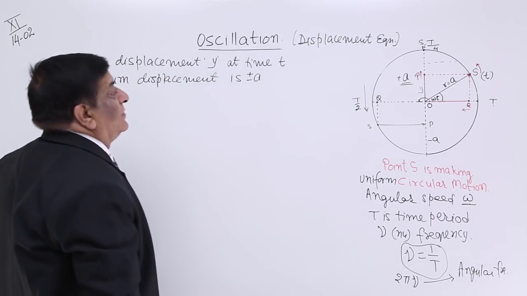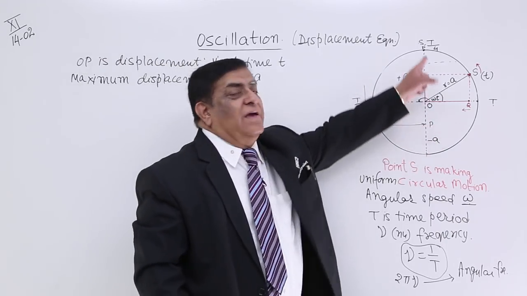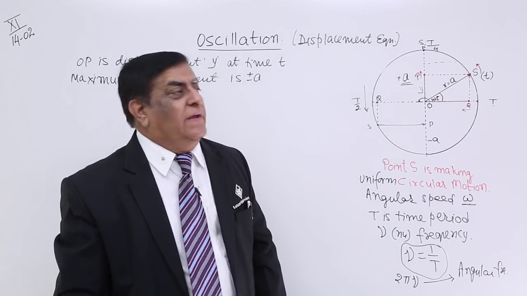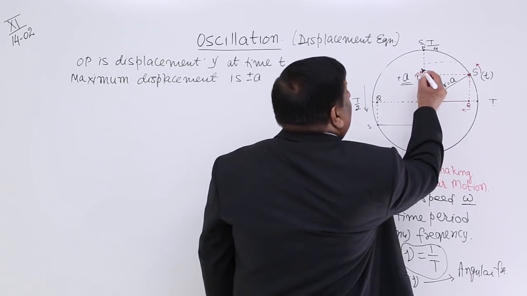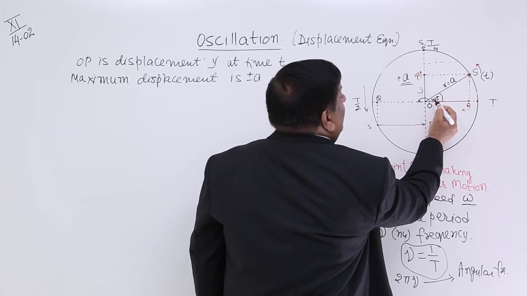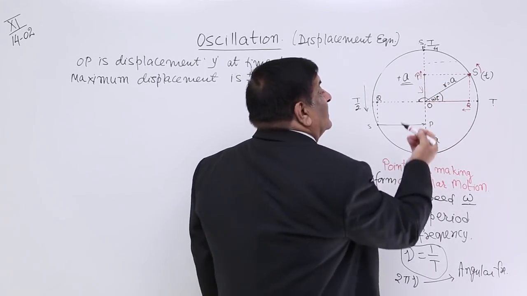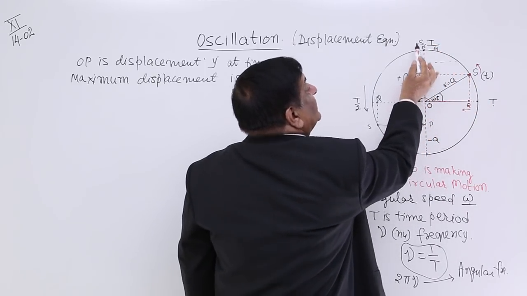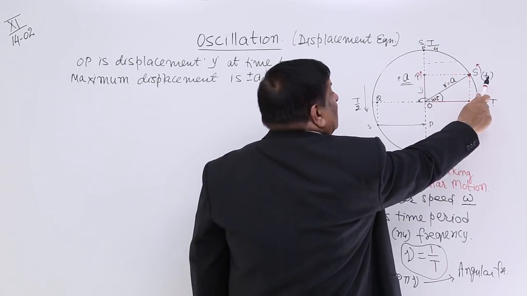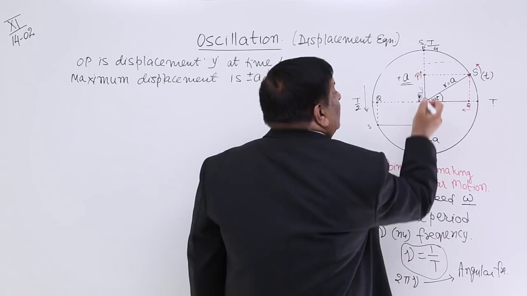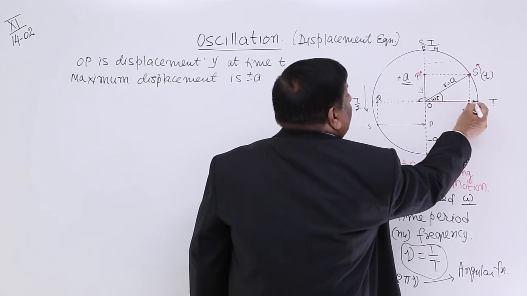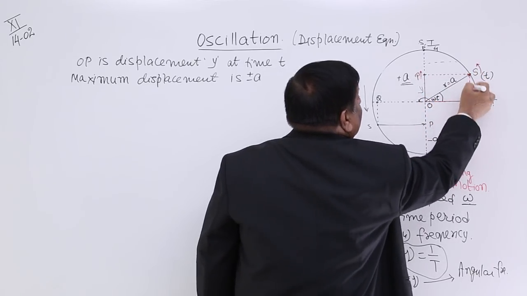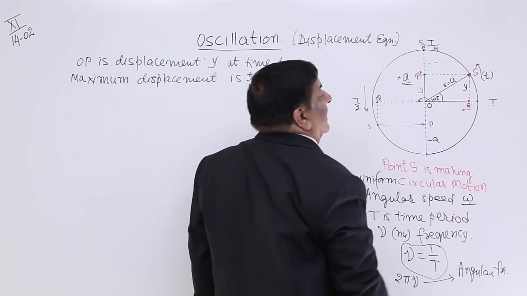So this P is making oscillatory motion. Now we want to make the equation of this oscillation. Equation means we want to know how y is related to omega and t, because when the time is increasing, y is also changing. So there must be a relation between time and displacement. Now, if this length is y, according to this geometrical diagram, these two are parallel, so this length is also equal to y.